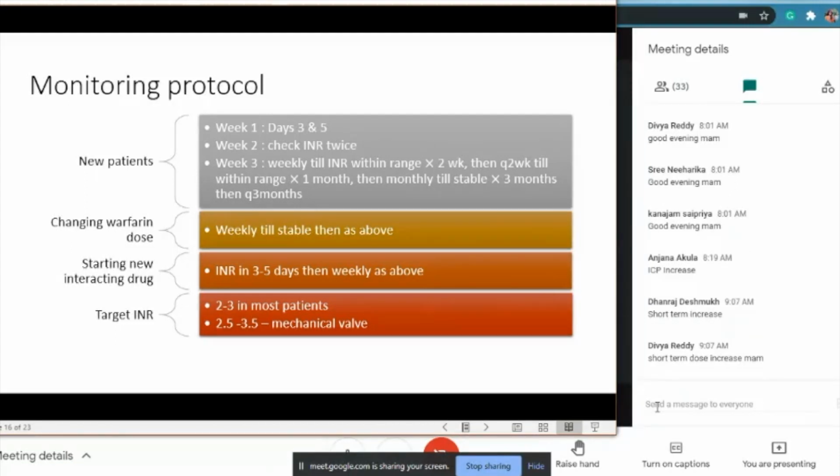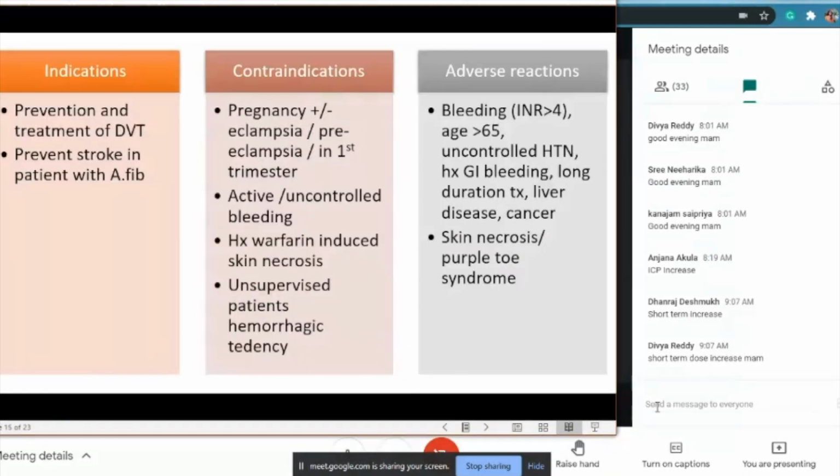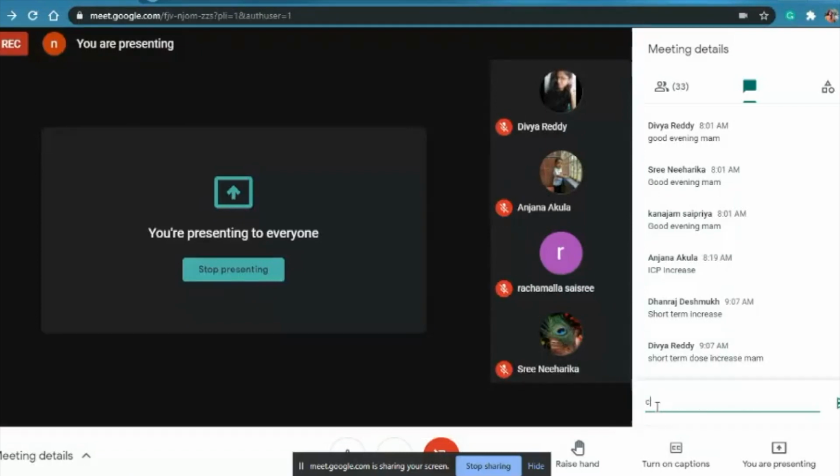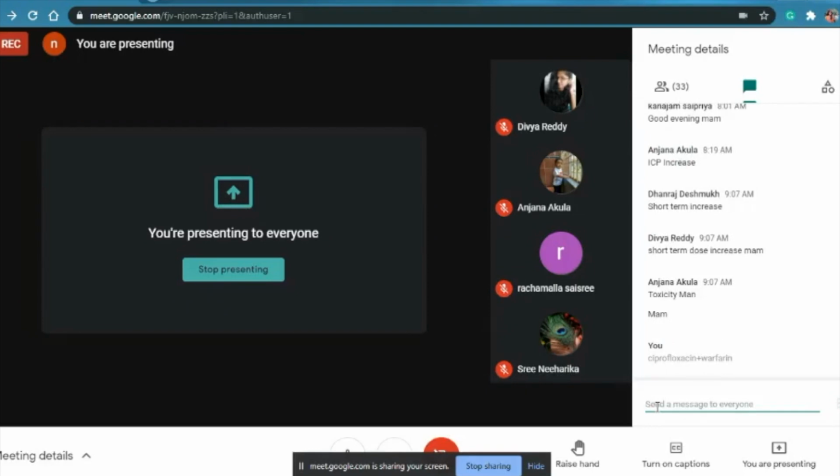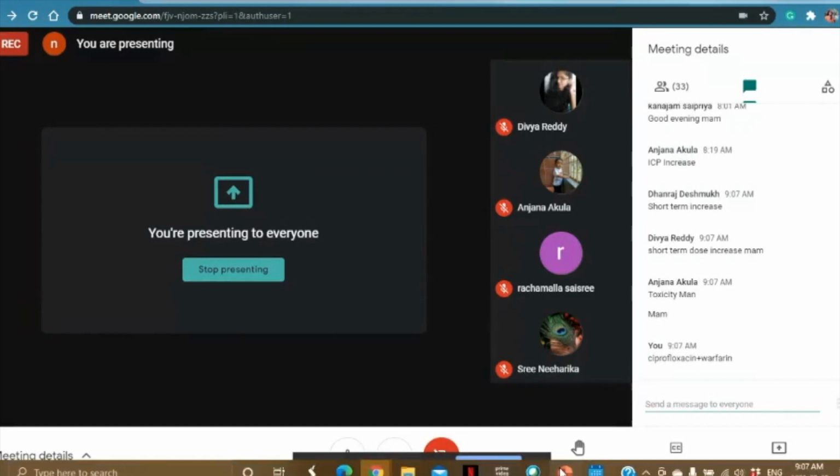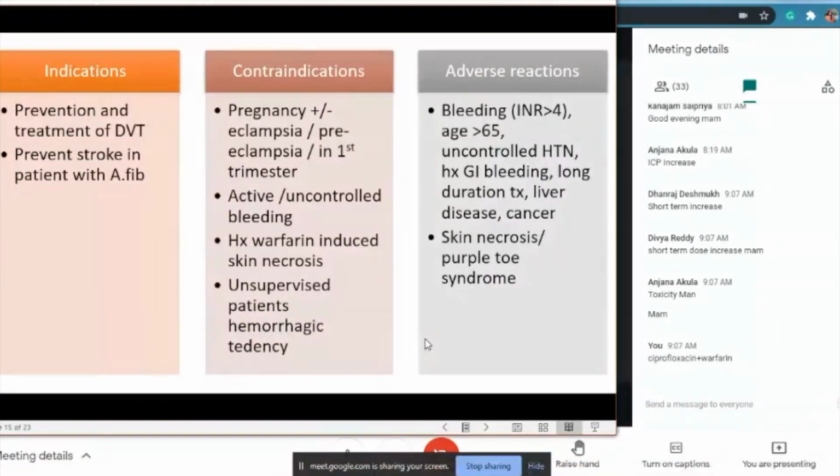What is the likely effect of starting ciprofloxacin with warfarin? Do we have to decrease the dose or increase the dose?